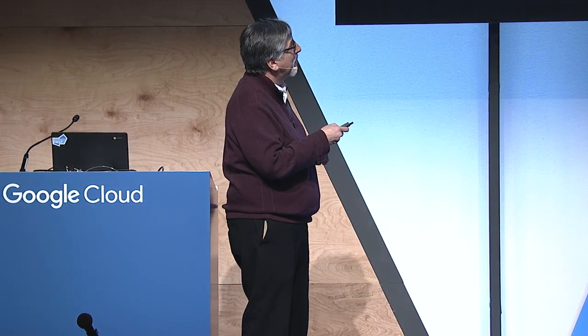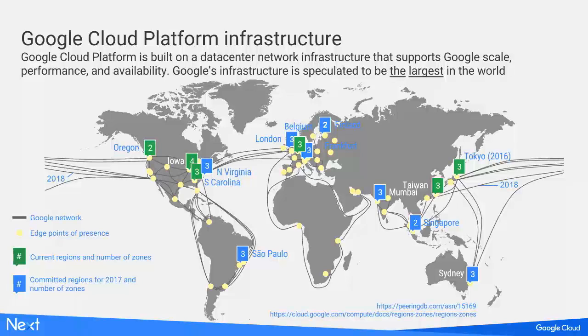This is saying where Google's data centers are, and the ones in green are available today, and all the ones in blue are data centers that are in the process of being built out. The numbers tell you how many zones each one of those data centers has. As you can see, what we're trying to do is cover the globe with data centers that are close to customers, because millisecond closeness means application performance. So it's really important to get that level of connectivity.